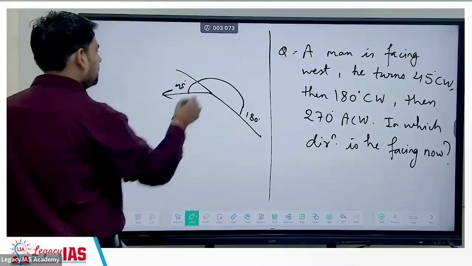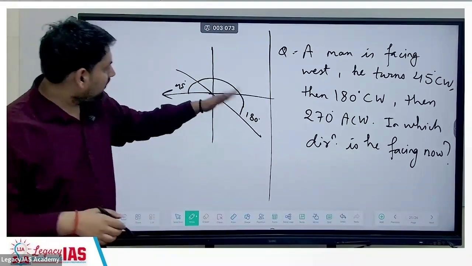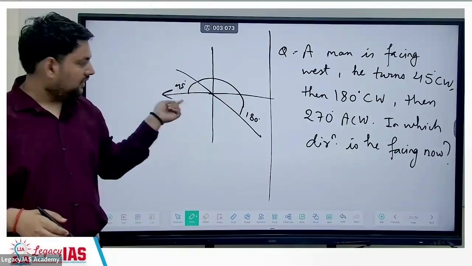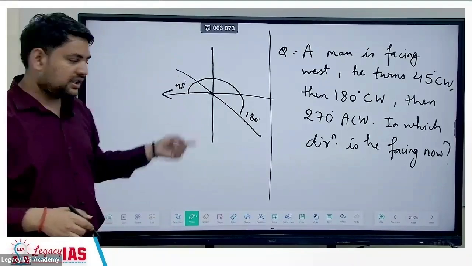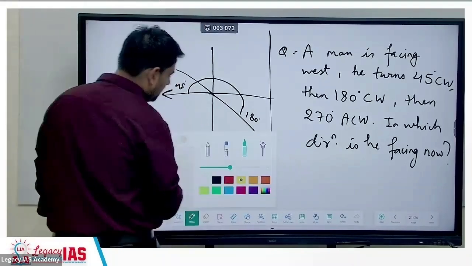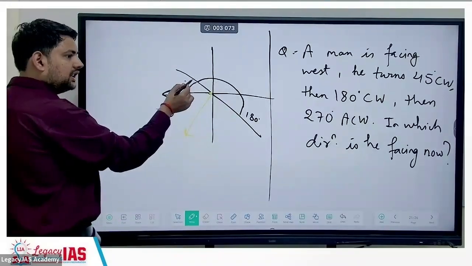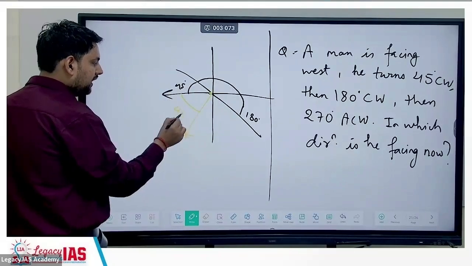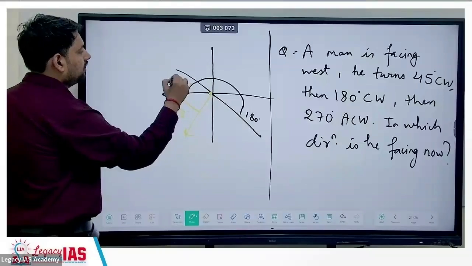Then he'll move 270 degree anti-clockwise. So 180 degree plus 45 degree, 225, and more 45 degree would lead us to 270 degree. So somewhere here he'll reach. Understood? This is 180, 180 plus 45, 225, 225 plus 45 is what? 270.